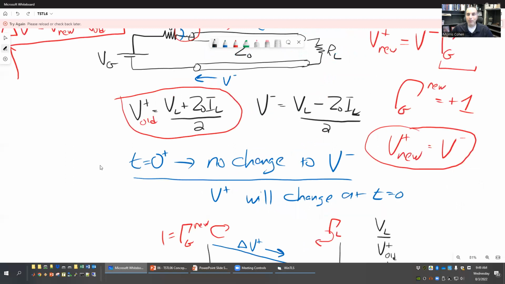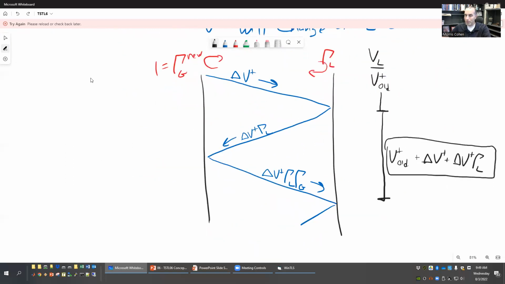And I can promise you that if you continue this process on this bounce diagram, you will get back to V equals 0 and I equals 0 everywhere. It's almost like magic, because you haven't forced everything to reach that steady state, but the math just happens to work out because that's how transmission lines work. And that's what really happens whenever you make a change to a circuit.